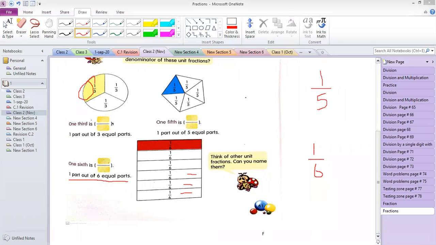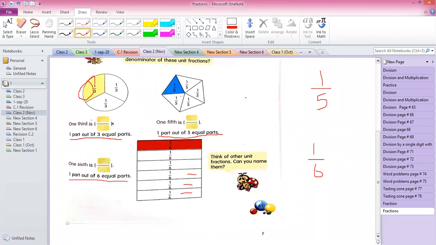That means 1 part out of 6 equal parts. If I talk about this, this is 1 part in this circle out of 3 equal parts. And this is 1 part out of 5 equal parts.